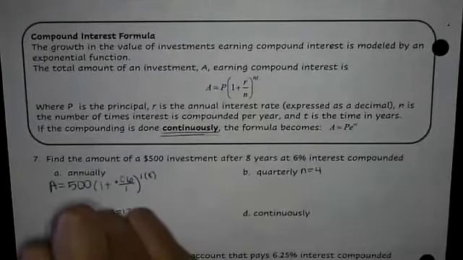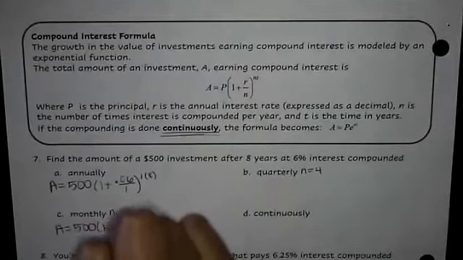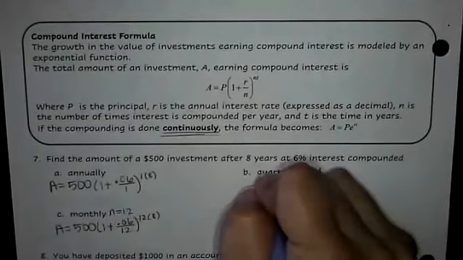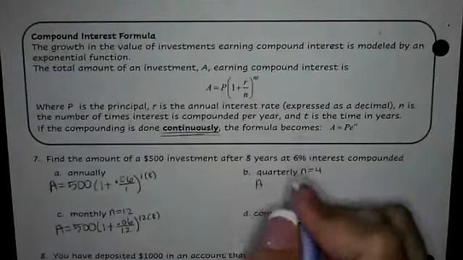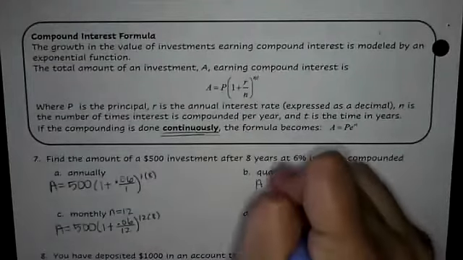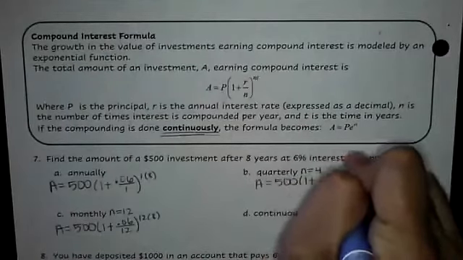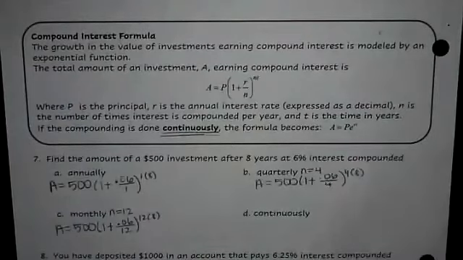So this formula would be 1 plus 0.06 over 12, and 12 times 8 in the exponent. And then here we've got 500 and then 4 times 8 in the exponent.